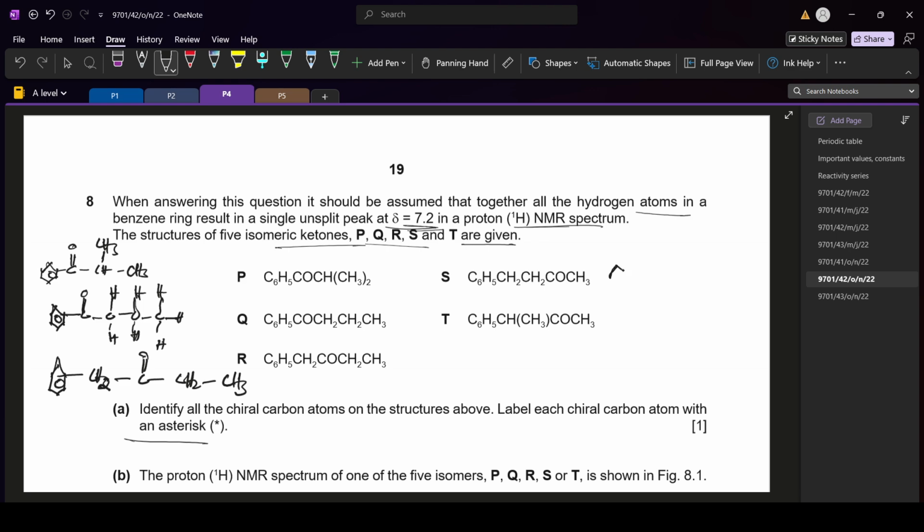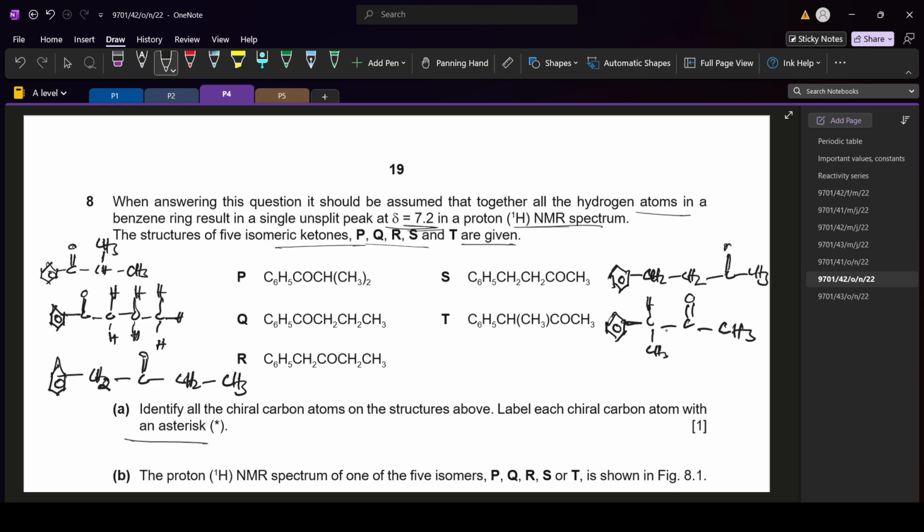Then you have S, with CH2, CH2, then the ketone. Then you have T, with CH, CH3, then this ketone group, then CH3.